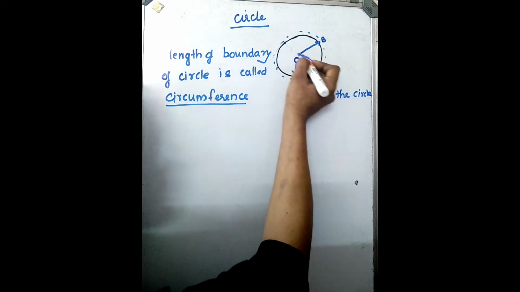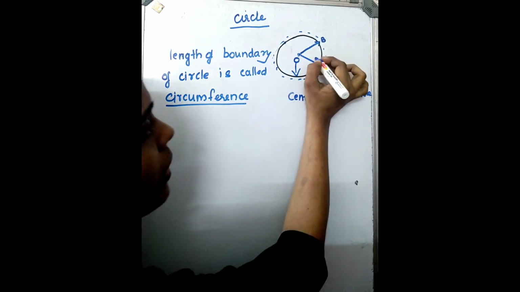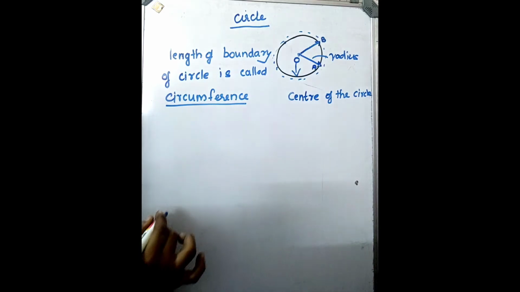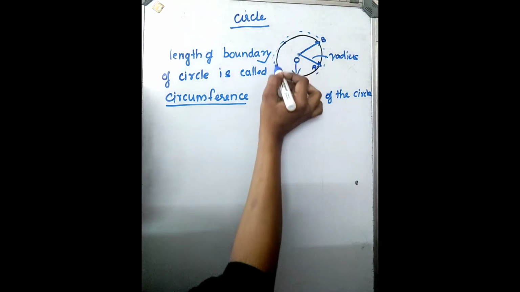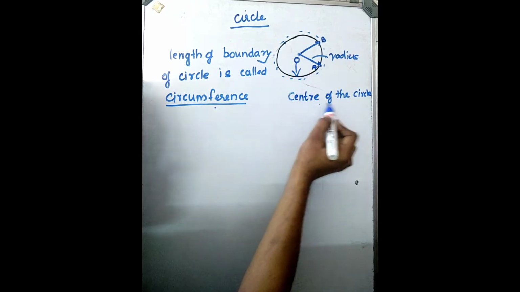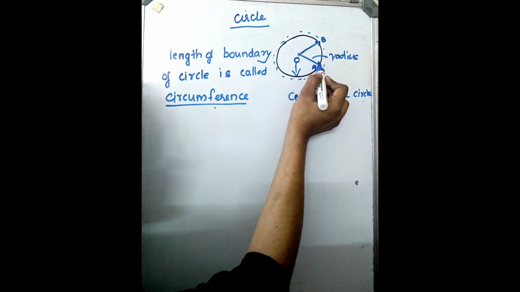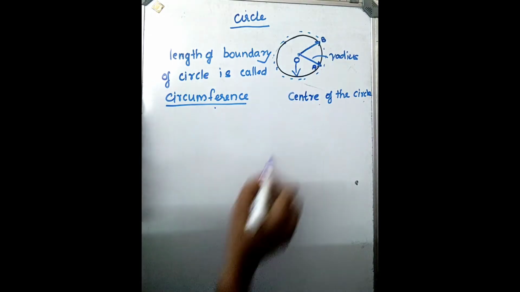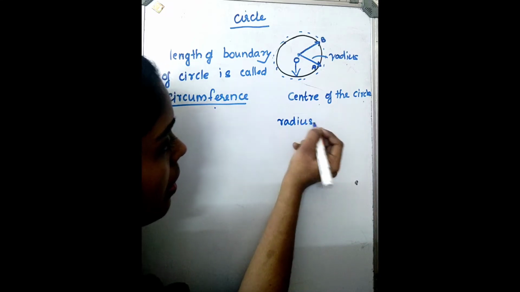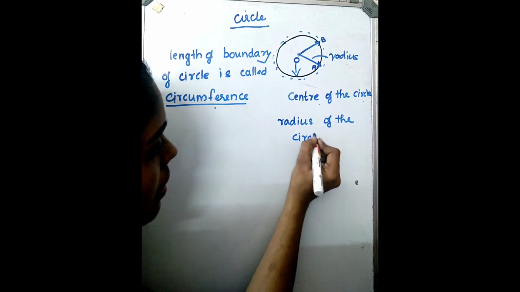So any line drawn from the center to the edge of the circle is called the radius of the circle.